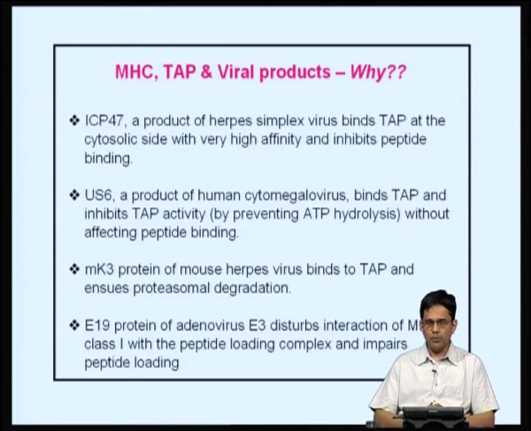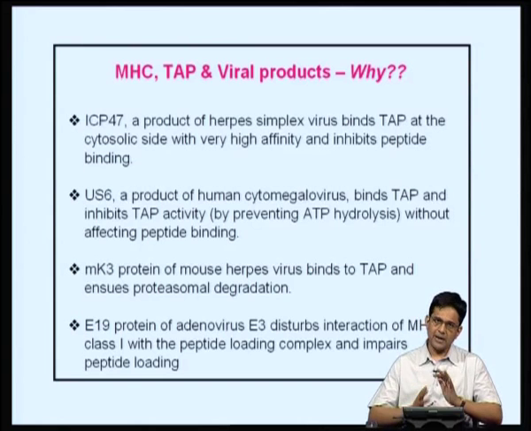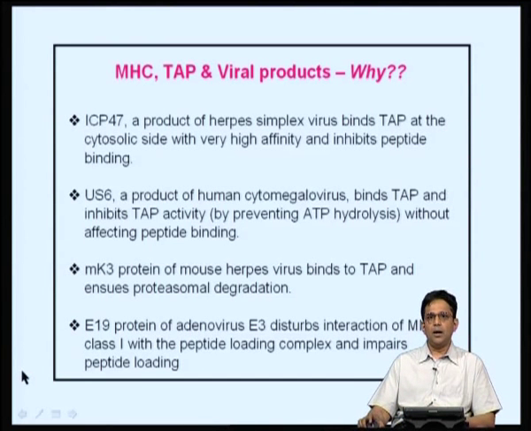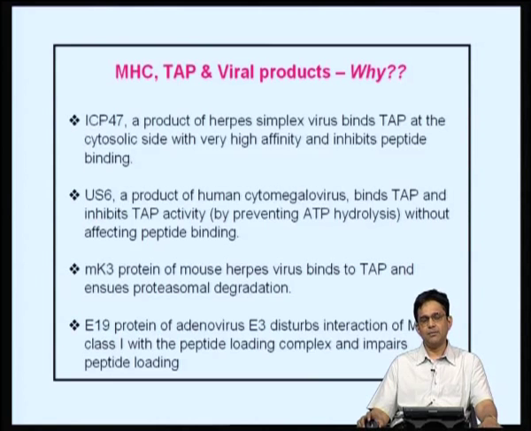It is a double edged sword, because on one hand it might save them from CD8s, but if MHC class 1 expression is lowered, it makes them sensitive to NK cells, but perhaps there is some sort of a balance. From our point of view we need to understand what factors play an important role. Here, what was found is that there are several viruses which encode proteins that inhibit the MHC class 1 assembly pathway.